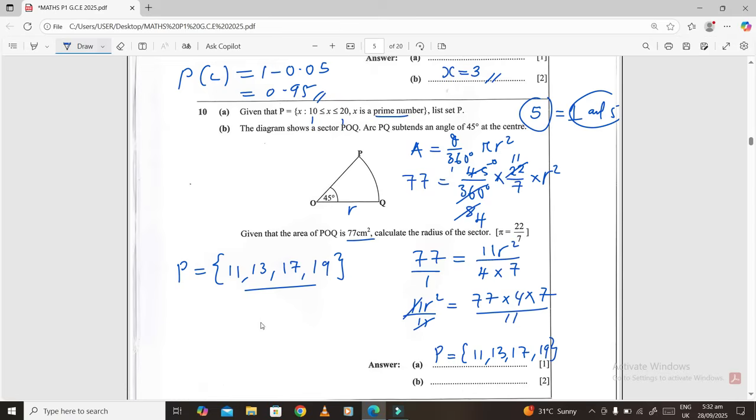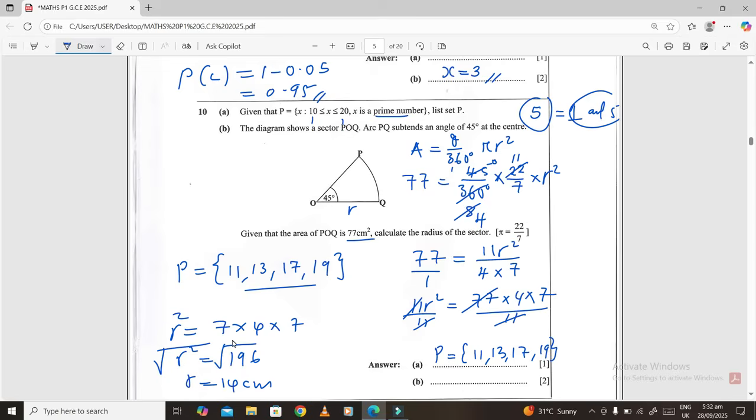The 11 will cancel out. We shall remain with r squared. 11 into 77 gives us 7, times 4 times 7 there. So r squared is equal to, when we multiply 7 times 4 times 7, of course it's giving us 196. So we square root both sides. R will simply be equal to 14 centimeters.